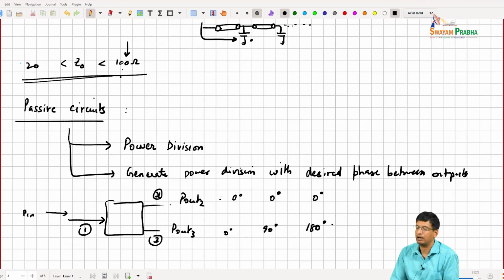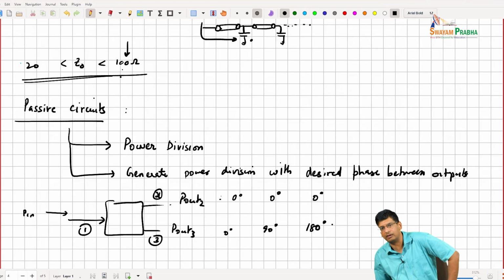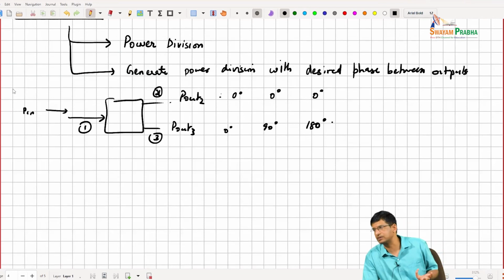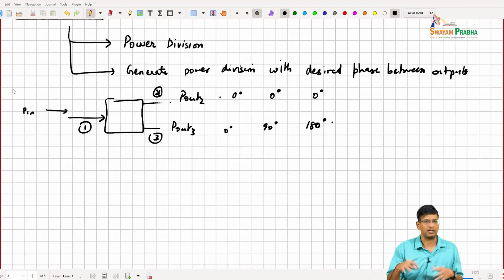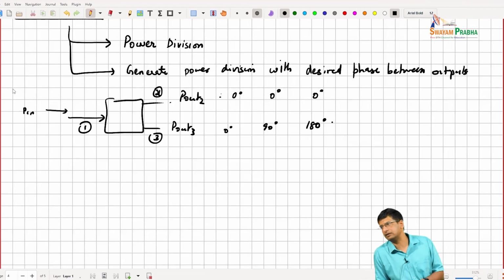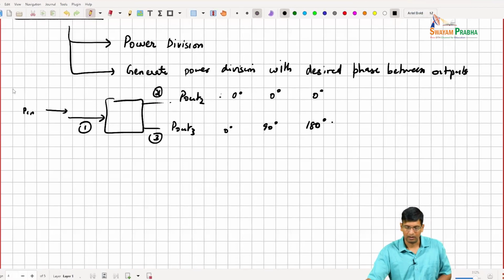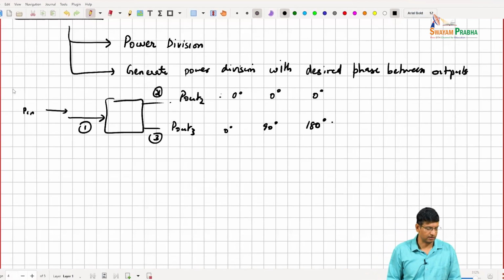So I can accomplish all of these things with transmission line circuits or lumped circuits, right? And we'll just start with the transmission line and look at equivalent lumped circuits based on those transmission line architectures.